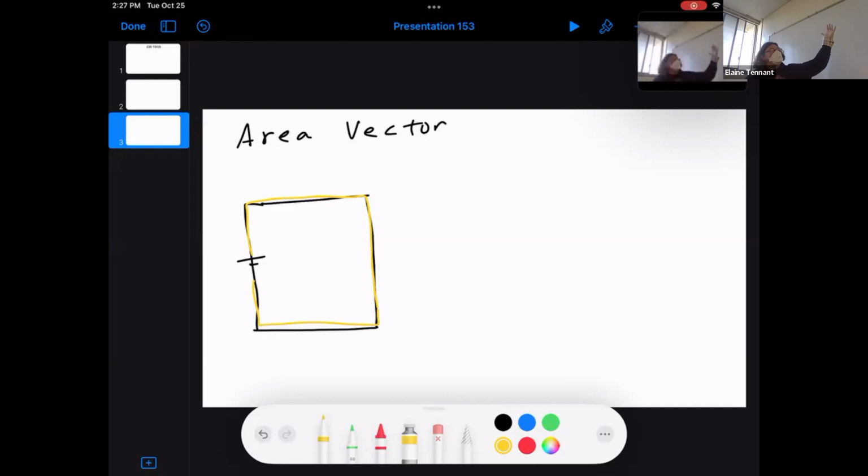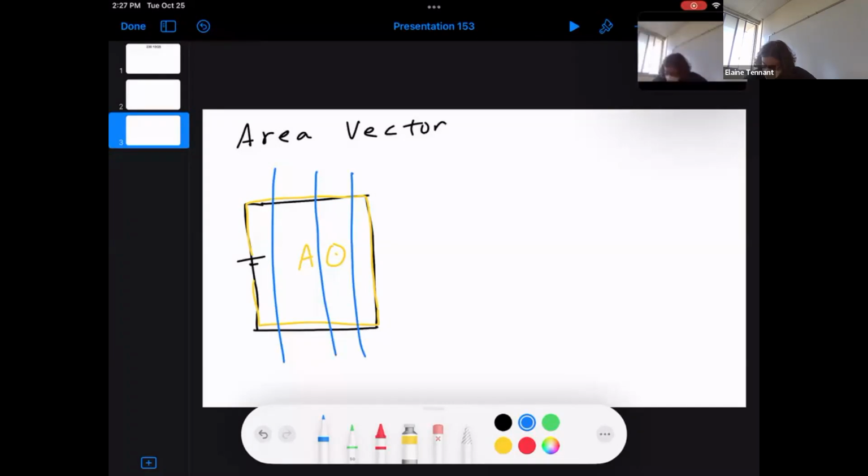And if this is laying flat in my screen, the area vector is pointing out. So my area vector, in this case, points out. And if I put my magnetic field, let's hope it's not pointing in. Oops, actually it's pointing in. Give me a second. Still perpendicular, but this area vector points in because that's the way I've drawn it.